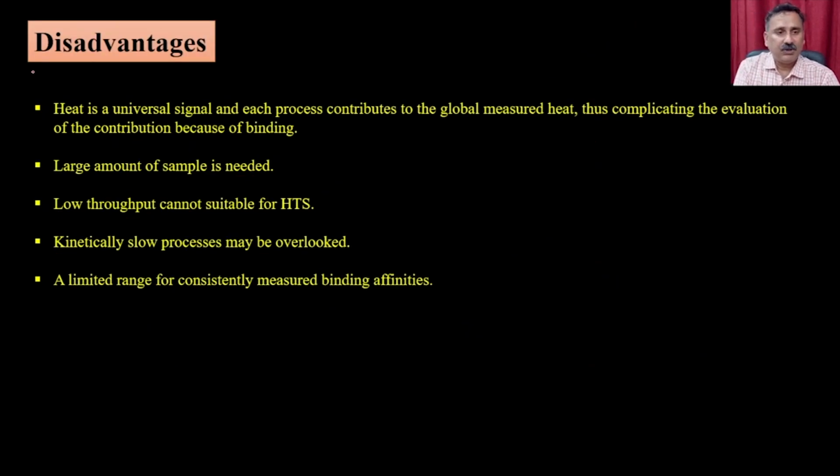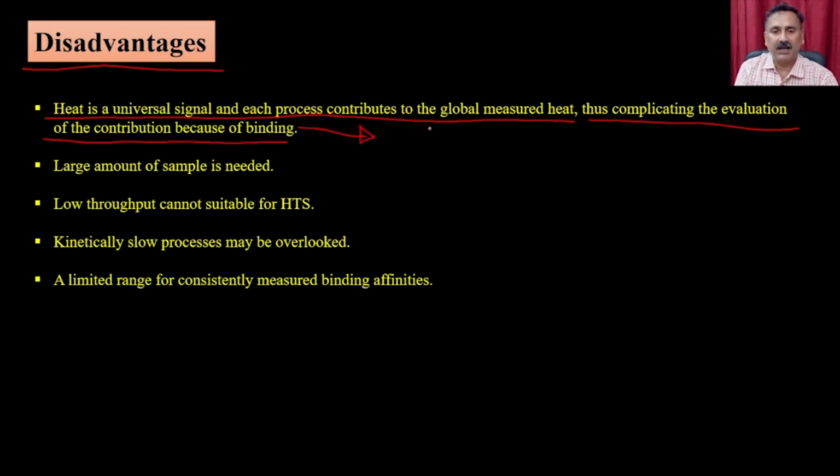What is the disadvantage? There are several disadvantages. Heat is a universal signal and each process contributes to the global measured heat, thus complicating the evaluation of the contribution because of the binding. I have already explained this with the example of virus and epithelial cells, right? You are only measuring the heat.